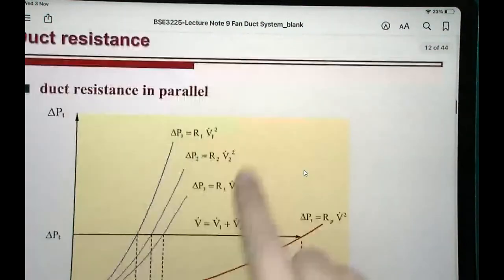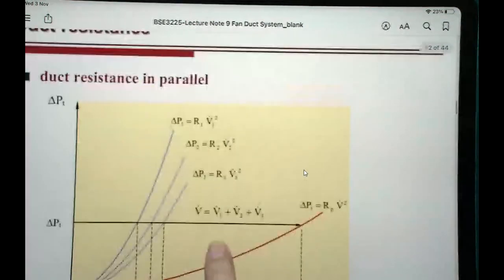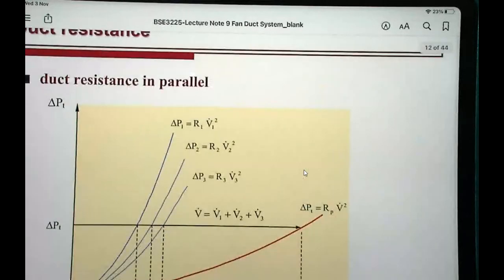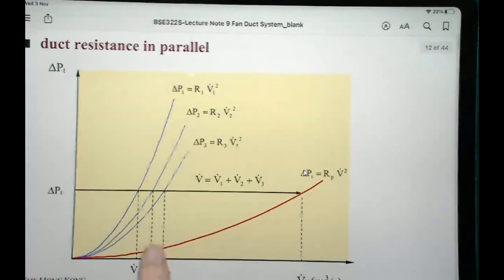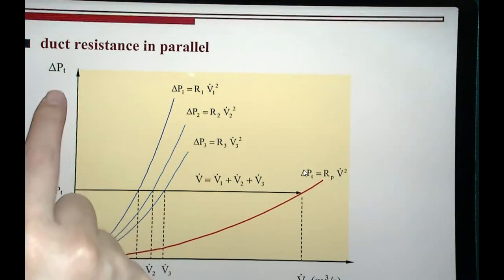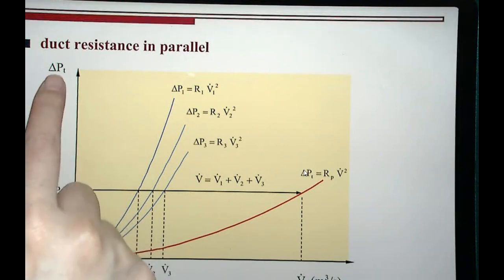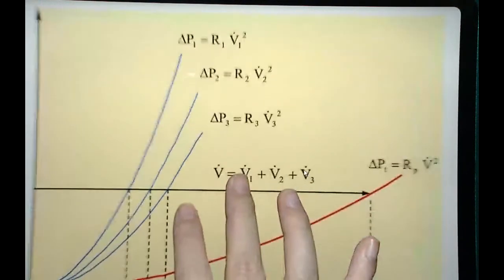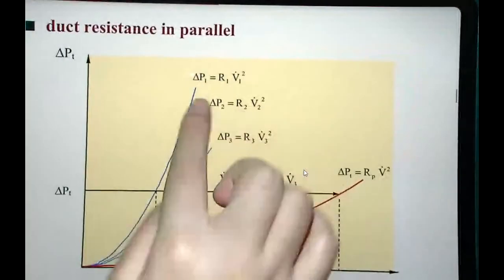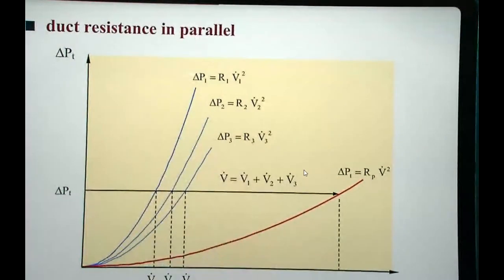And for the resistance profile on this chart, the horizontal axis is the flow rate and the vertical axis is the total pressure loss. Then, first of all, we are also given the resistance values for 3 individual sections.